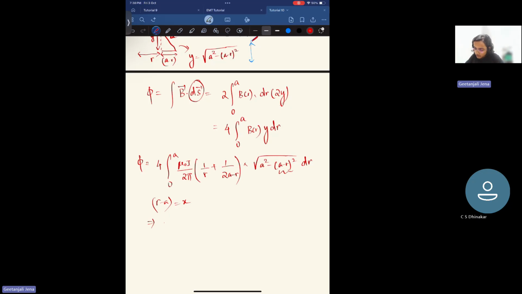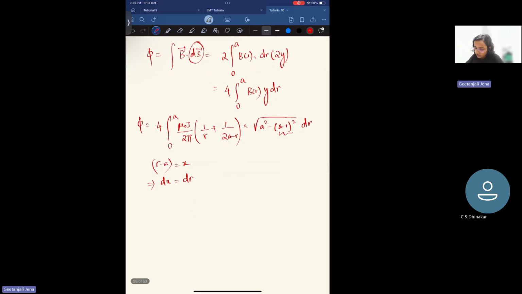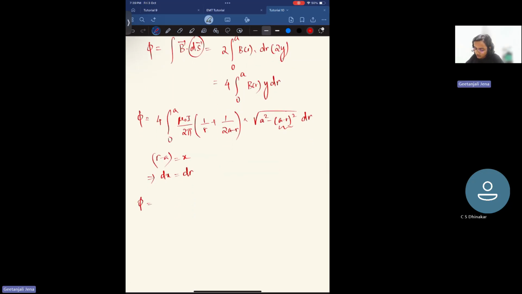That means dx is minus dr. The flux is the integral from 0 to a of μ0 I by 2π times (1 by (a plus x) plus 1 by (a minus x)) times the square root of a square minus x square.